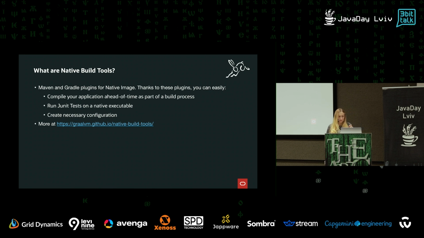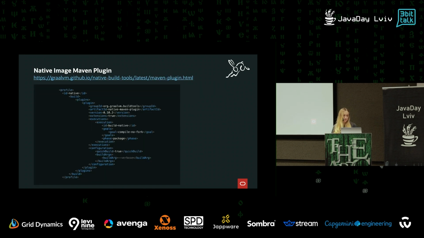And you can run JUnit tests, for example, on a native executable. More at the website. And this is an example of a configuration snippet that I have in my application, and actually that's the default one. You specify the Maven plugin as part of the Maven profile.